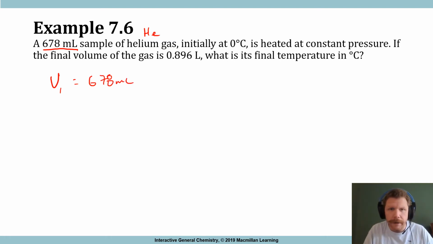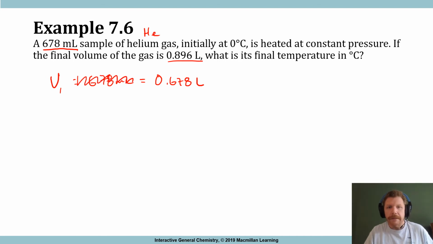While I was writing that, I noticed that my other volume is in liters, so I'm going to convert my 678 milliliters to 0.678 liters on the fly. I could have gone the other way and converted the liters to milliliters, but the key is that I want to maintain consistency in terms of my units. So 0.678 liters of helium gas is our V1, and T1 equals 0 degrees Celsius.